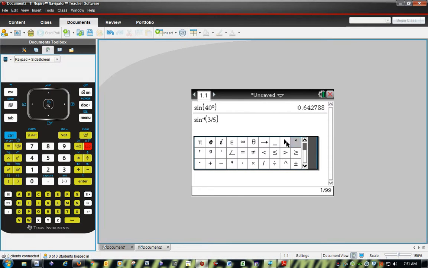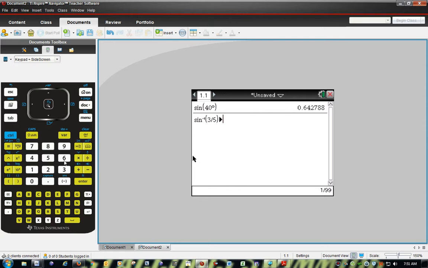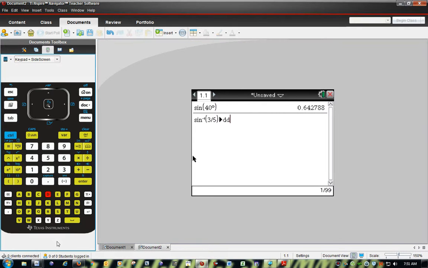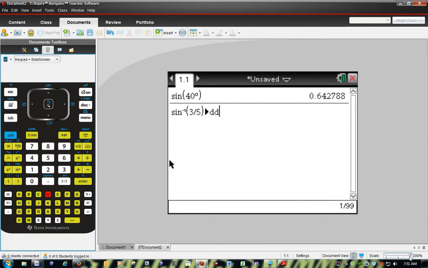And then just put in 2 D's. The first D that we wrote was italicized, and when it's like that, the calculator doesn't know what's going on. But as soon as it straightens up like that and you see arrow DD, when we hit enter we're going to get our answer in degrees.